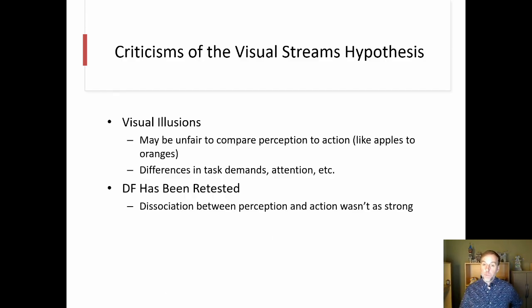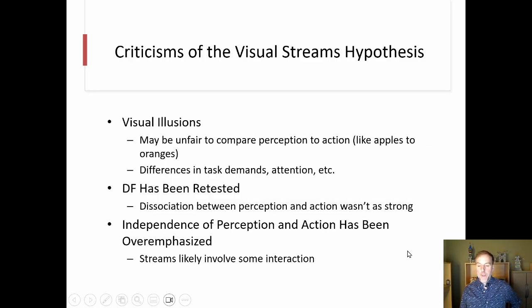Now, is that because some areas of her brain have recovered? Is it because her neuroanatomy has perhaps changed a little bit? Some connections have reformed around the damage? Has she discovered very subtle unconscious strategies that help her with the task? It's very hard to say, and it's also, again, hard to rely on people like DF and RV that are so rare.